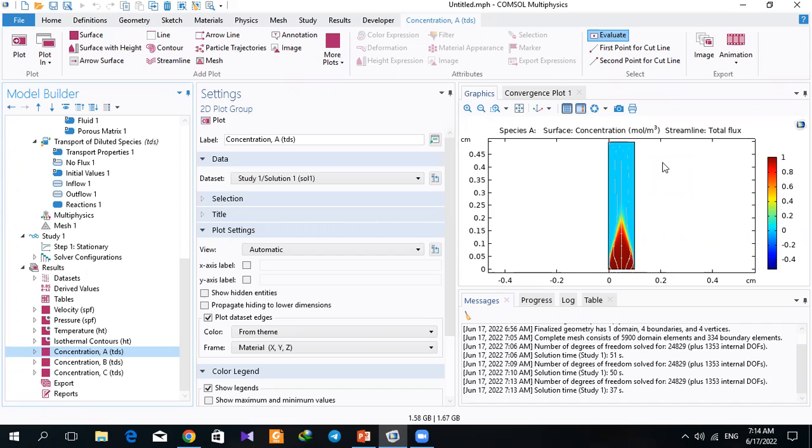So I think we have 15 minutes left. If there is any question about your works, about which other types of reactors we can simulate, limitations, I'm all ears.